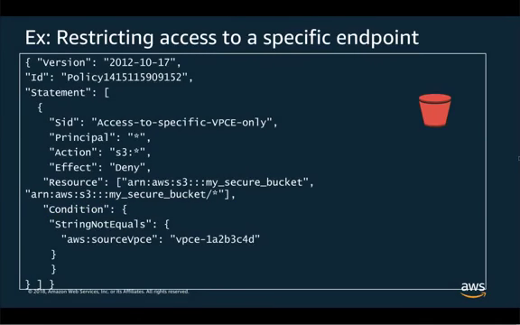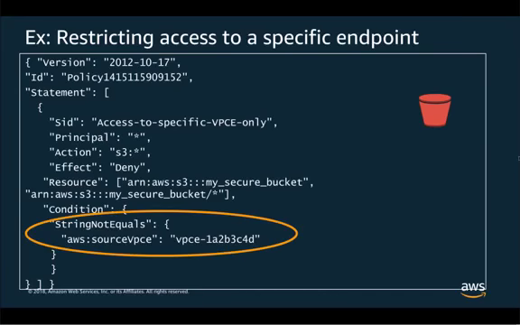All right. The first two examples were endpoint policies that allow you to restrict access to a service from an endpoint. Now, if you are using an endpoint to Amazon S3, you can also use Amazon S3 bucket policies in combination with the endpoint policies to control access to buckets from specific endpoints or specific VPCs. This example is an example of an S3 bucket policy.